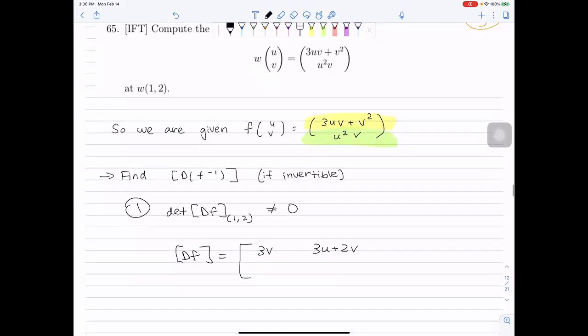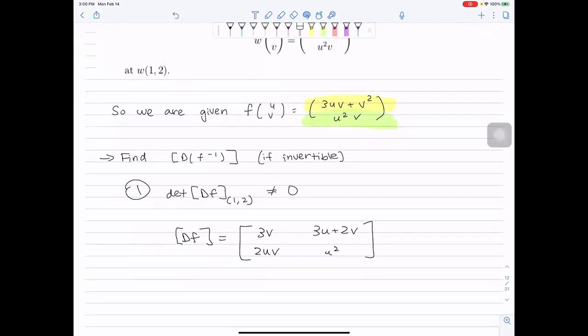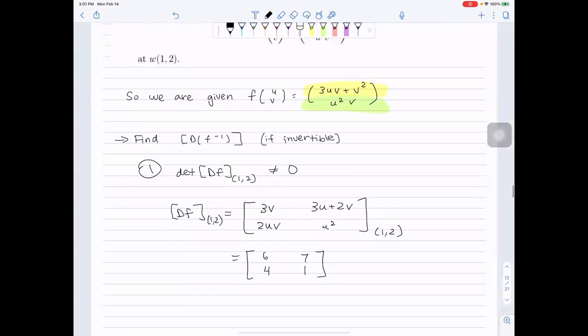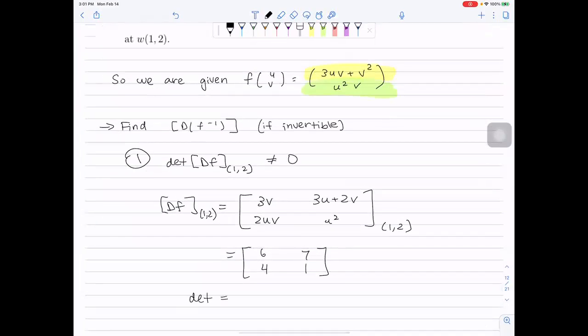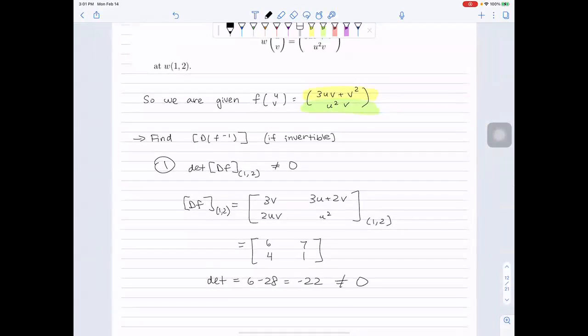The derivative with respect to u is 2uv, and with respect to v it is u squared. Now, if we evaluate it at our point, 1, 2, and plug it in, we get 6, 4, 7, and 1. Thus, the determinant is 6 minus 28, or negative 22. So it's not 0. Nice.